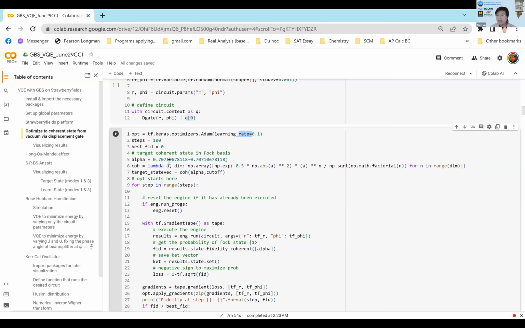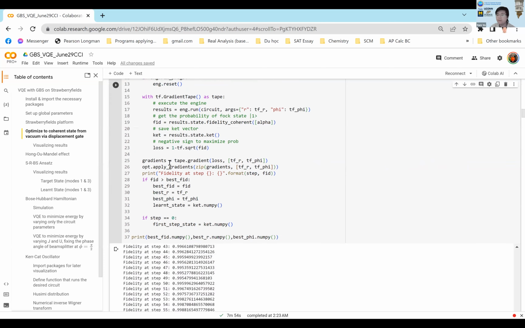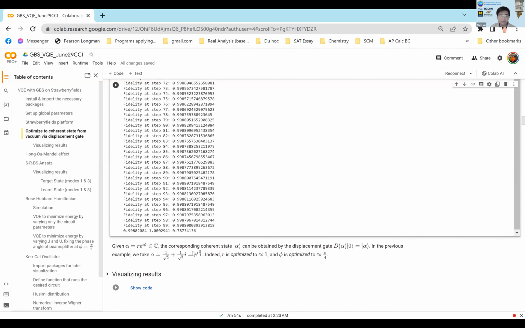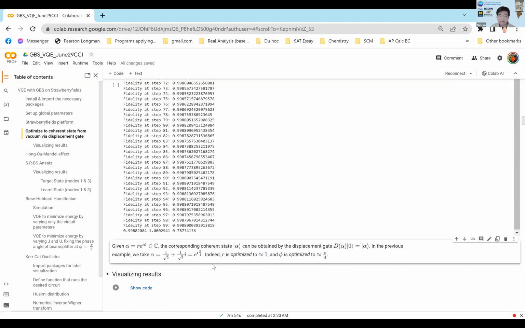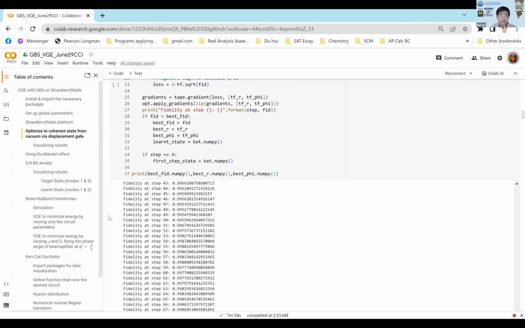Here I'm choosing the alpha value, or the coherent state that I want to optimize to, to be 1 over square root of 2 plus 1 over square root of 2 i, which corresponds to the polar form like this one. So if the optimization runs correctly, the value for R should be optimized from a distribution centered around 0 to a number near 1, and phi should be optimized to around pi over 4. Let's see if it works like that.